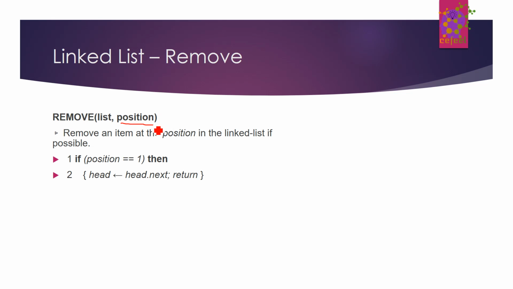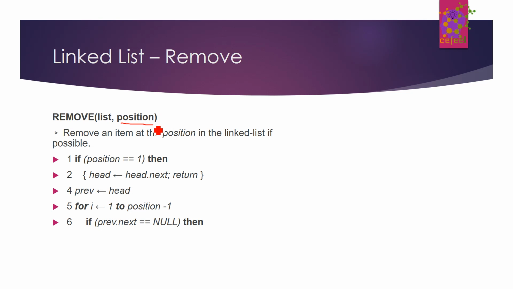Otherwise, if position is not head, we start with the previous pointer, which starts at head, and we move the previous pointer position minus 1 times, checking that previous dot next, which means the node which we want to delete, is not null. That means the position we have is a valid position.